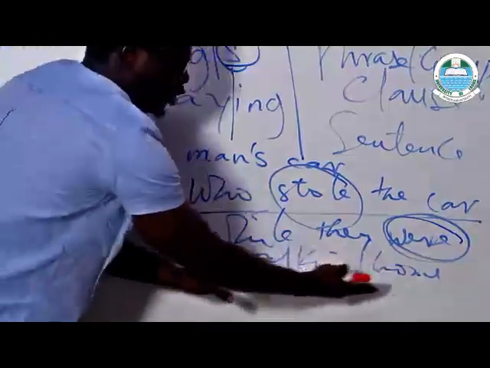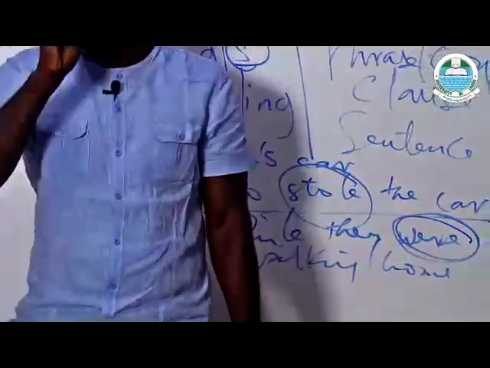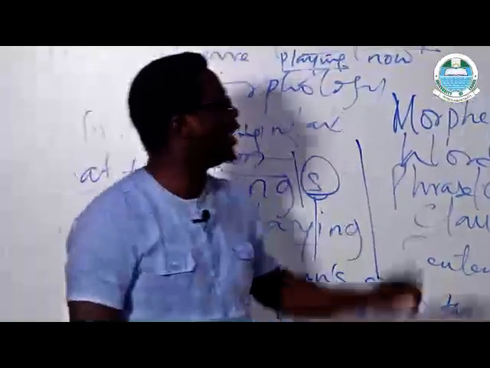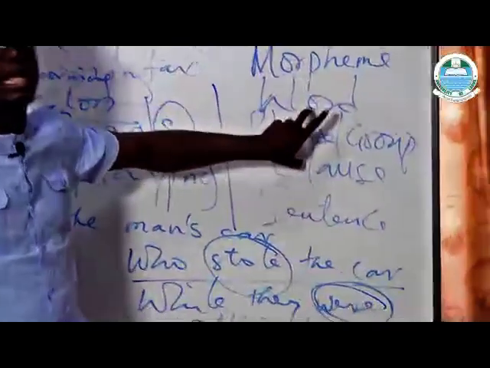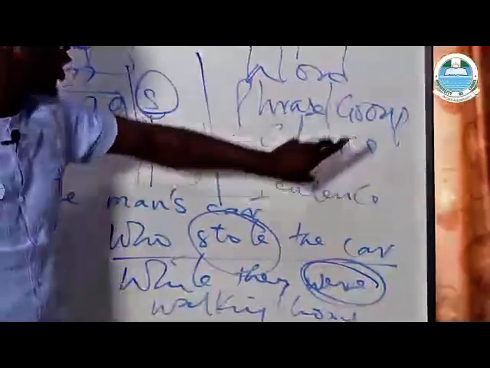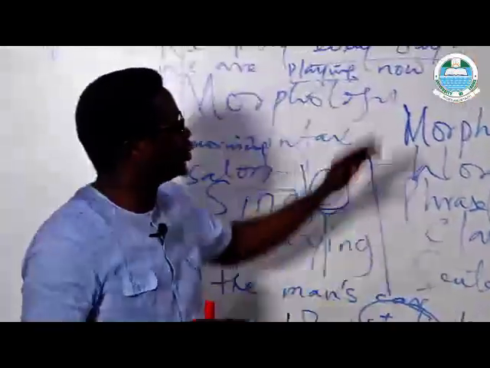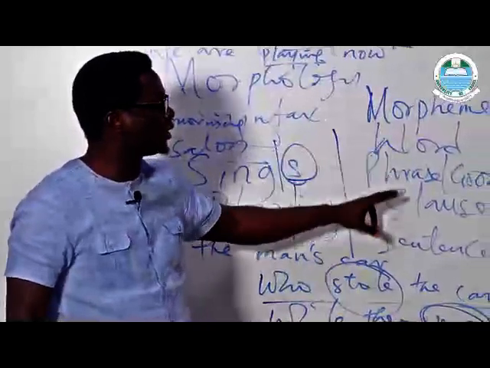This one is only a part of it. And if I say "I saw them", that is also a full sentence because it expresses a complete thought. So a sentence will contain morphemes, words, phrases, and it can be a clause on its own or contain clauses.